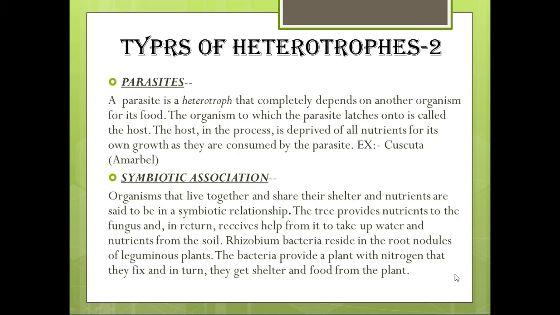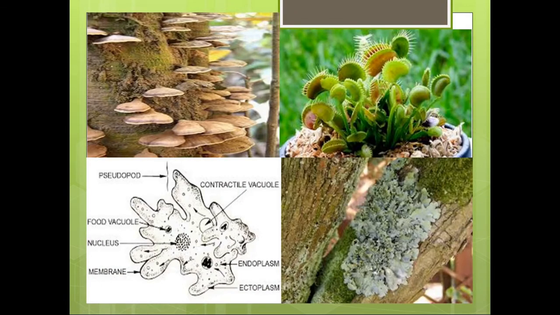The organisms that live in symbiotic association live together and share their shelter and nutrition. The most common example is rhizobium bacteria and the nitrogen fixing plant. The plant provides food to the bacteria, and the bacteria provide usable nitrogen to the plant.